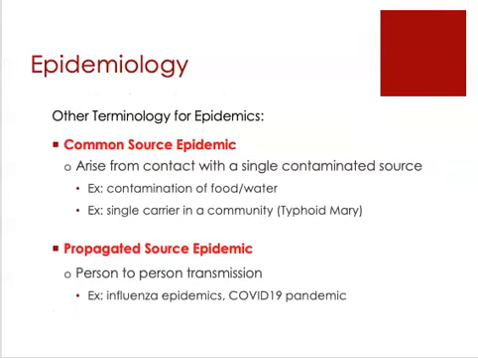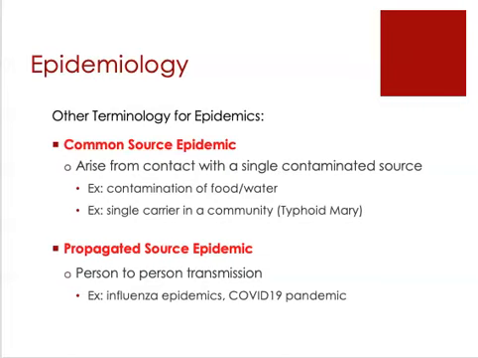So epidemics are very important in terms of public health because they are outbreaks that are something we want to avoid. We want to be able to understand epidemics so that we can prevent them from occurring again.